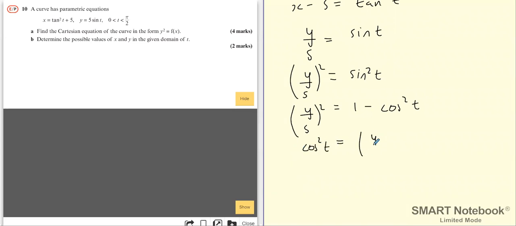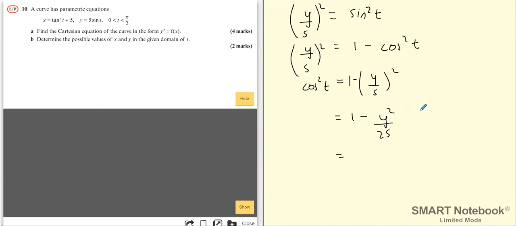This is 1 minus y over 5 squared. Right, okay. If I just simplify this, so 1 minus y squared over 25, and if I now put it over one denominator, just so that I can do the reciprocal easily, I get 25 minus y squared all over 25 is cos squared t.